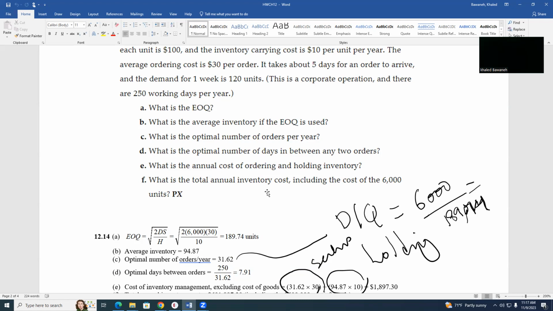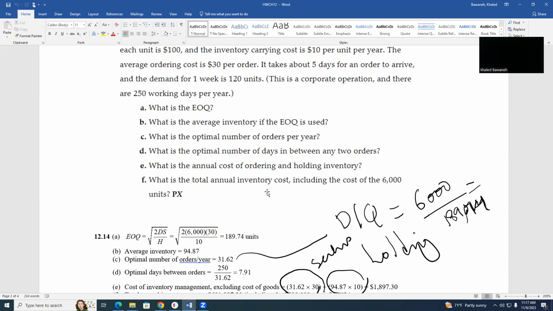Okay, it's given here. Carrying cost is $10, which is all. So that's the $10. The average ordering cost, which is the setup cost, to order, to set up, that's the $30.